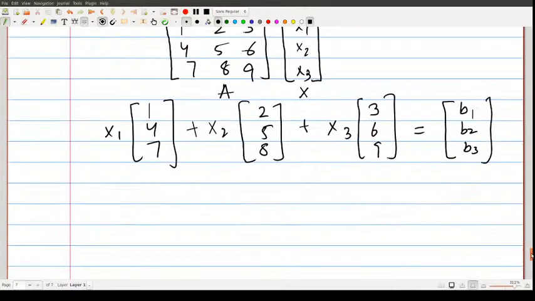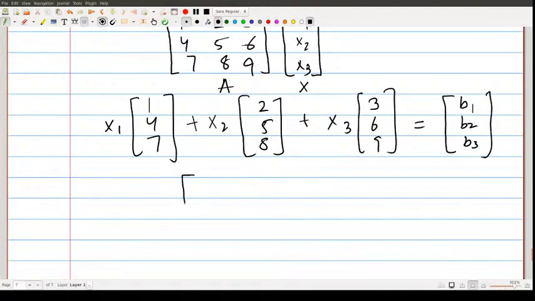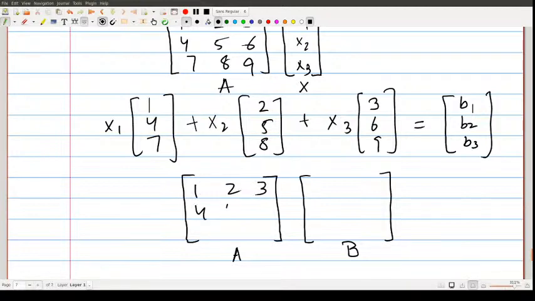Now what if we had to multiply? Let's take that view and extend it to not just matrix vector multiplication but to matrix multiplication. So this is B, and let's say I have the same matrix A, 1 2 3, 4 5 6, 7 8 9, and let's say this B matrix had a few columns.